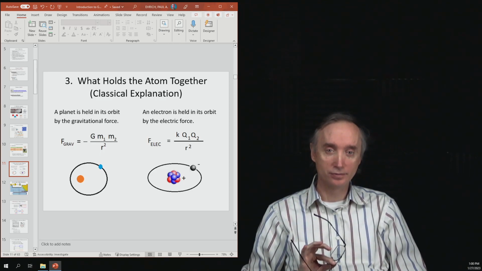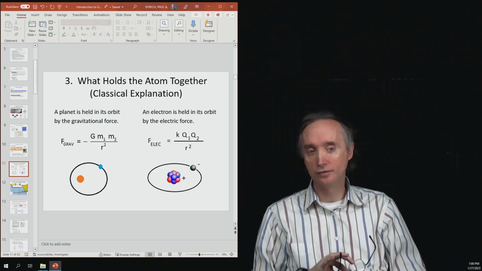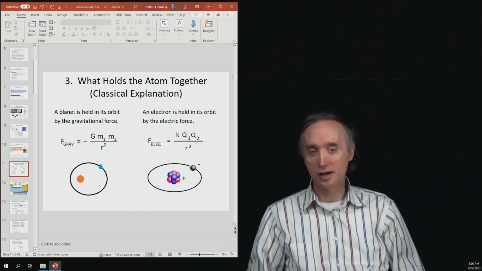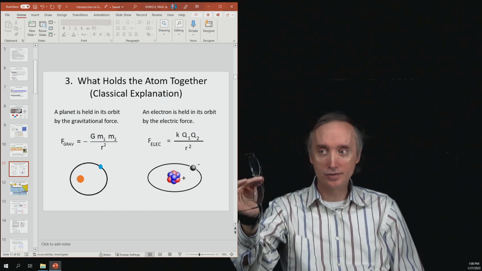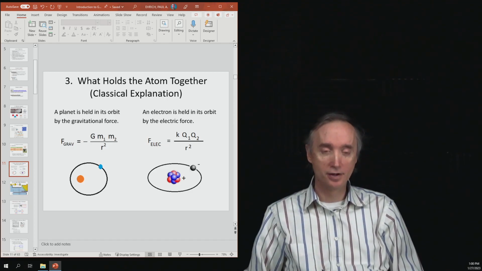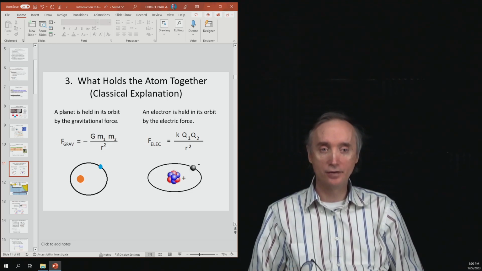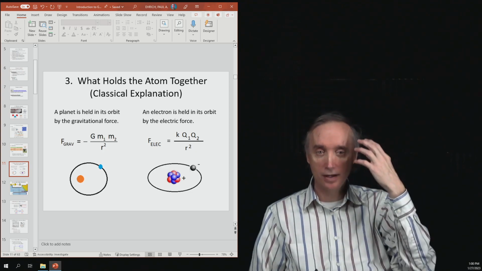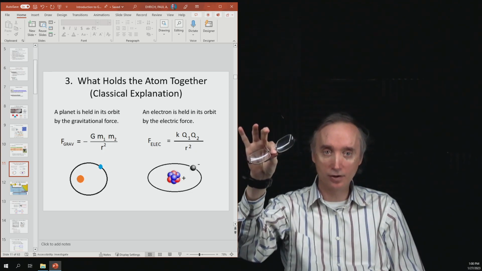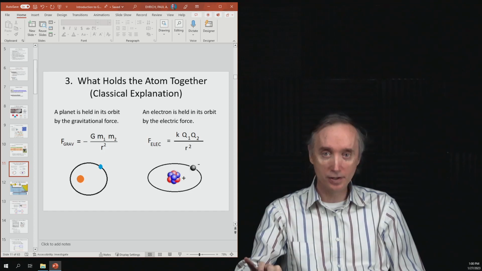So why doesn't it happen? Well, my head's not big enough. If I had a head the size of a planet, then these glasses would be pulled towards my face. So the Earth's gravity is much stronger than my head's gravity. If I was to let go of these glasses, they would fall because of it.